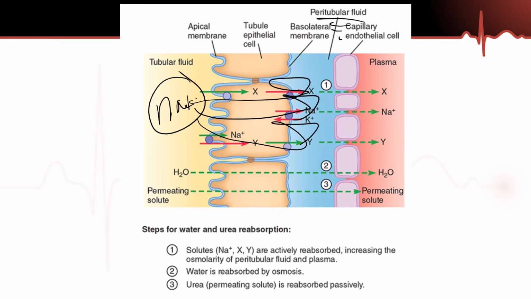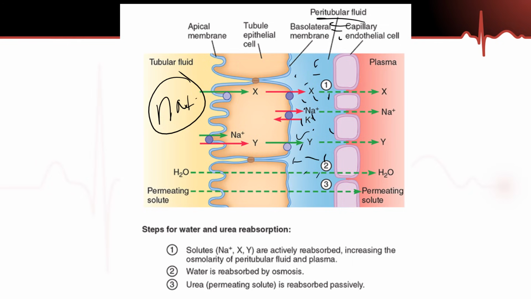So over time, as the sodium is being brought from the lumen of the proximal convoluted tubule past these cuboidal epithelial cells and into the peritubular or interstitial fluid, what's going to happen to the concentration of sodium within the peritubular or interstitial fluid?